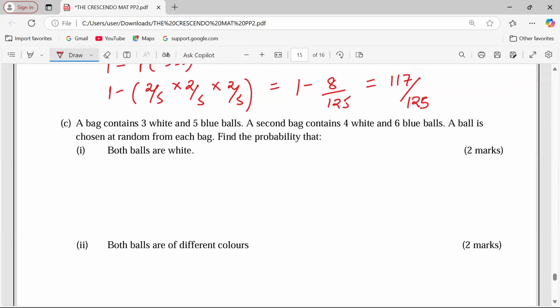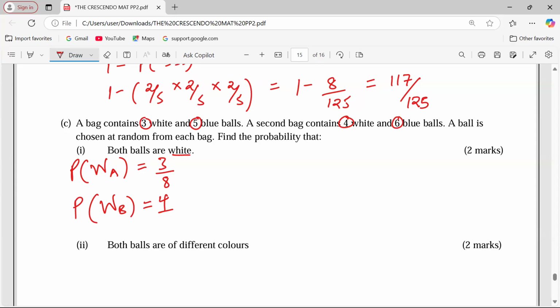So in this case, we are not picking a bag. We are just picking a ball deliberately. So from bag A, we want to choose a white ball. Probability of picking white from the first bag is 3 out of a total of 8. Then in the second case, probability of picking white from bag B is 4 out of a total of 4 and 6, which is 10.